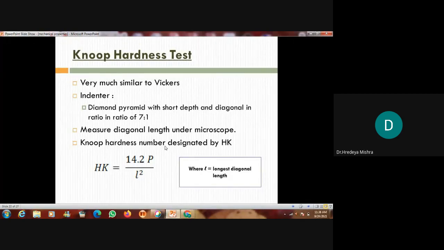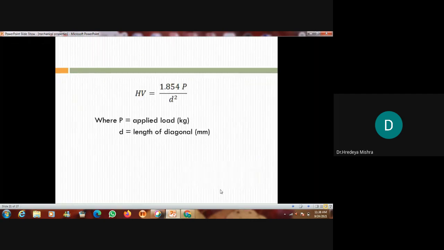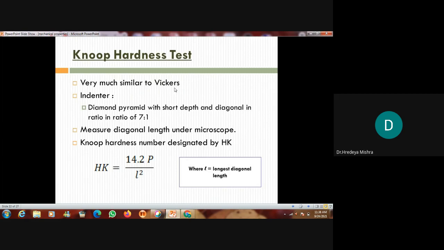The Knoop hardness number is designated HK, equal to 14.2 P divided by L square, where L is the longest diagonal length. The difference between Knoop and Vickers hardness is the constant: 1.854 for Vickers and 14.2 for Knoop.